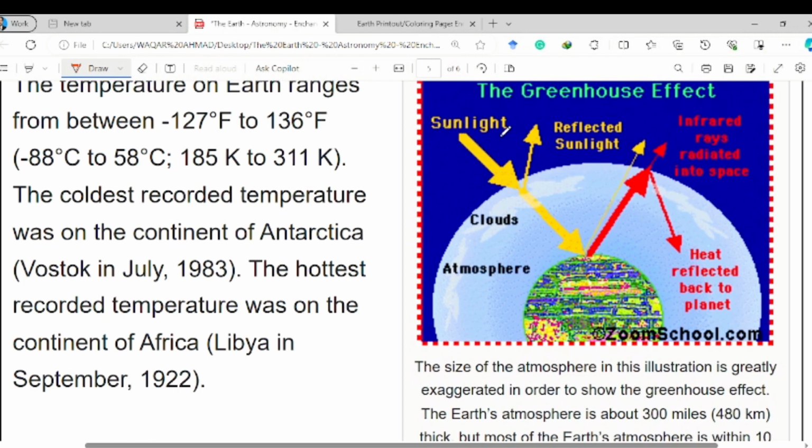Now let's discuss the greenhouse effect. The sun's radiation is directed at the Earth's surface. When it hits the surface, some of that radiation is absorbed into the Earth, and some is reflected back into the atmosphere. Only a few percent of that reflected part is reflected again by the greenhouse gases.